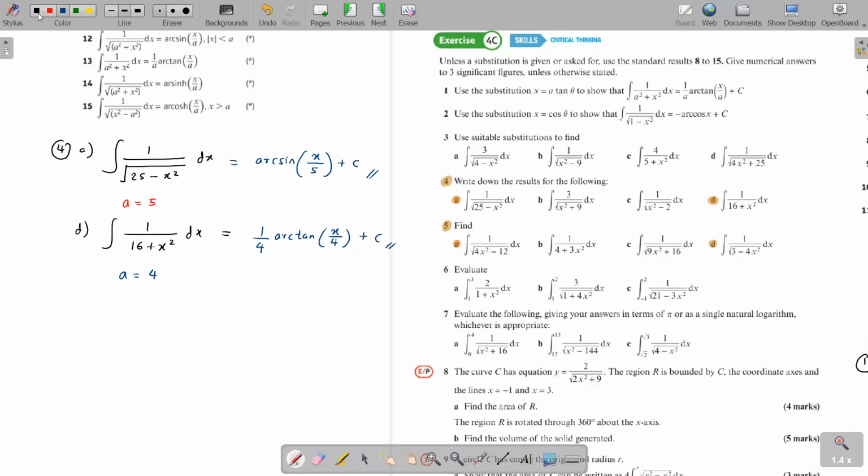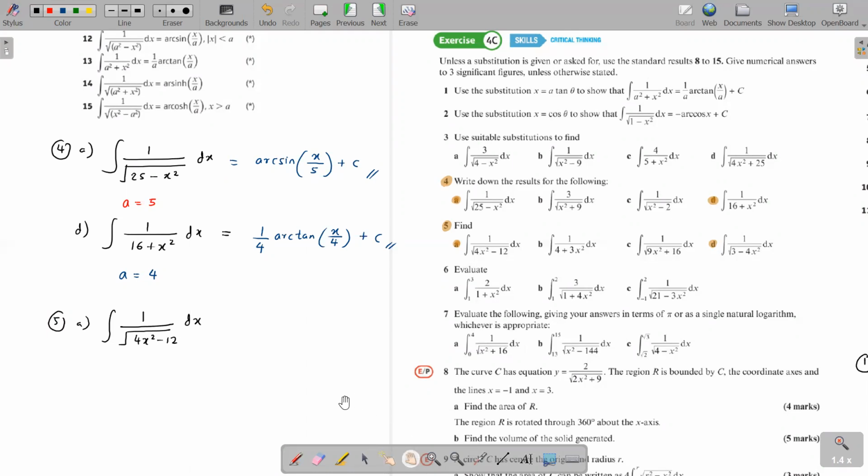Go to the fifth question. Fifth question, part A, integration of 1 over root 4x square minus 12. Write down. Can I use any of these rules when we have x in this particular format? No, because you can see in all these rules, it's just x squared. It doesn't have any other coefficient with it.